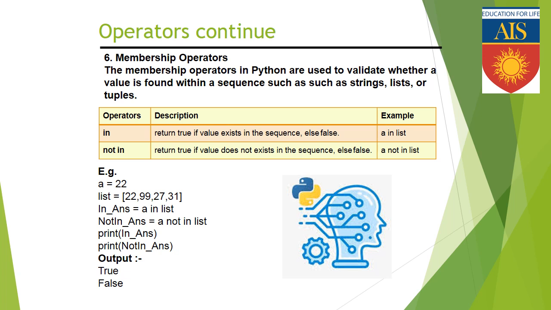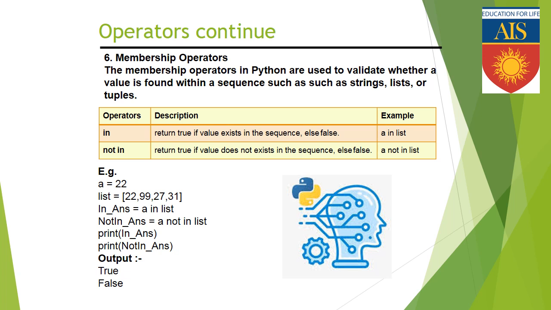Example: A equals 22, list equals 22, 99, 27, 31. In answer equals A in list. Not in answer equals A not in list. Print in answer, print not in answer. Now see the output: the first one becomes true. Why? Because in answer, A in list.